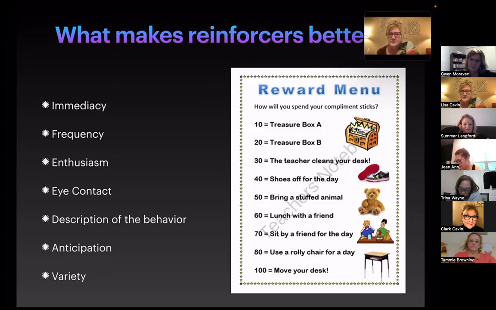The enthusiasm with which you reward someone can make a big difference in your reinforcer. One thing I found, it cost me absolutely nothing except a little bit extra time. I could write crazy things on the kids' papers, like screaming maggot guts. That was a good paper. And they thought that was so cool.